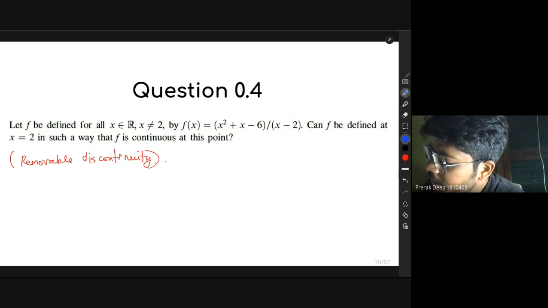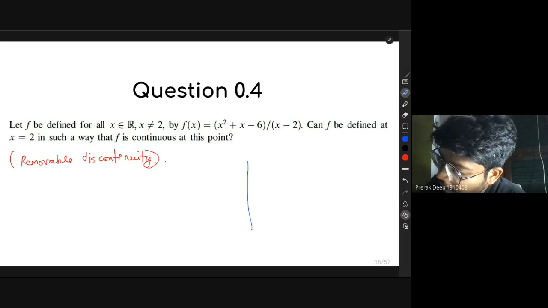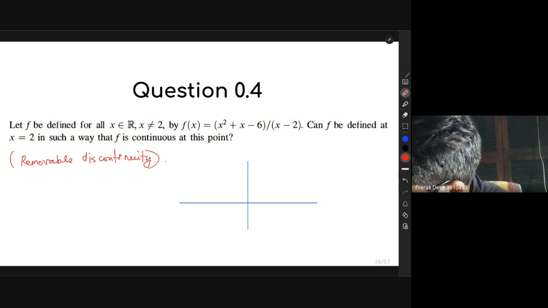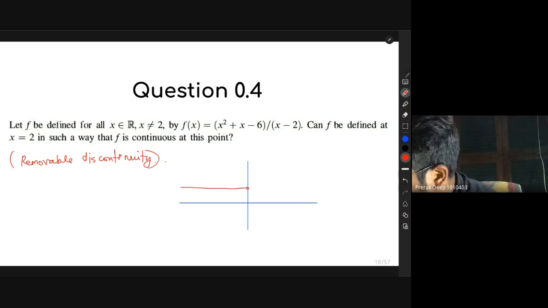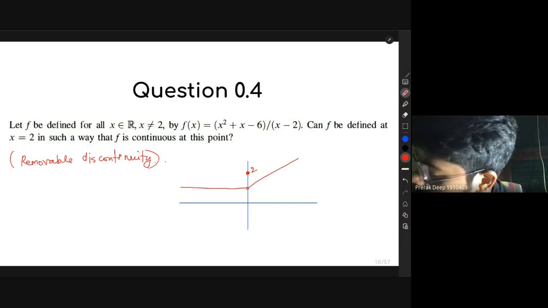A simpler example is a function like this. Let's say I'm drawing the graph of the function. It is constant till this point, and at x equal to 0 it is not defined, and then it is a line. At x equal to 0 it is defined to be 2.